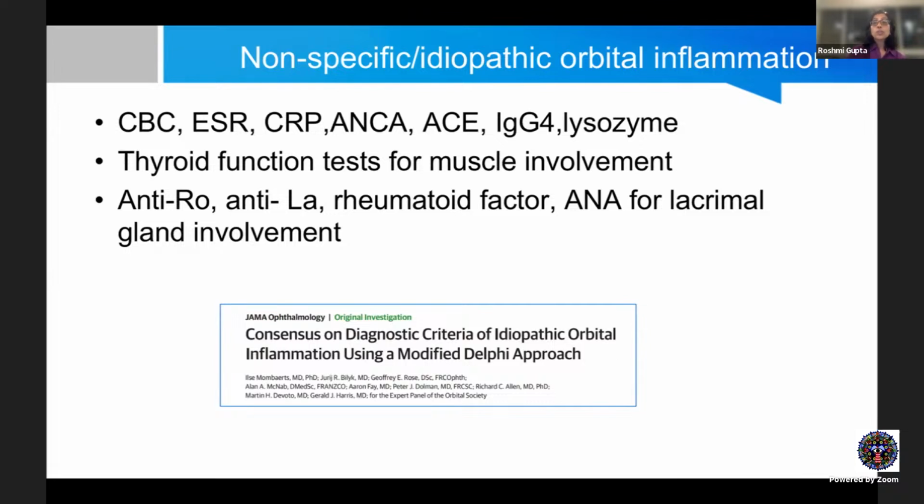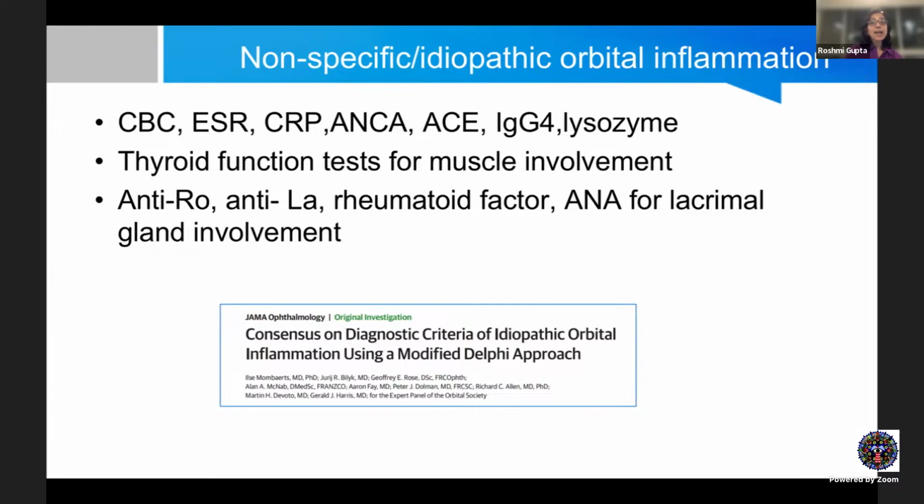I know we talked about the myositis saying that the tendon would be involved, whereas in thyroid eye disease, the tendon will not be involved. However, it is also known in exceptional cases, in certain thyroid eye disease, the muscle tendon is involved. So if you see an inflammatory condition with muscle involvement, thyroid function tests are necessary.